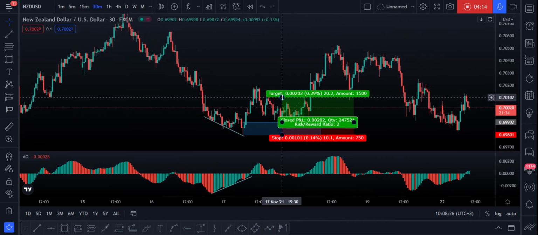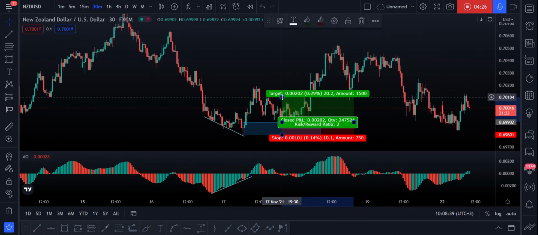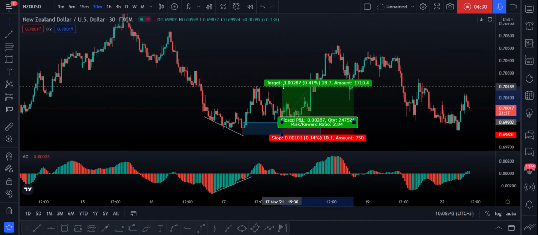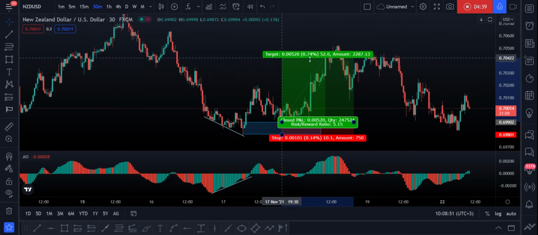As for targets, to make it not subjective, you can always go for a 1 to 2 and you are out. But you can as well take profit at the last swing high, or look for another reversal point that could cause price to reverse.